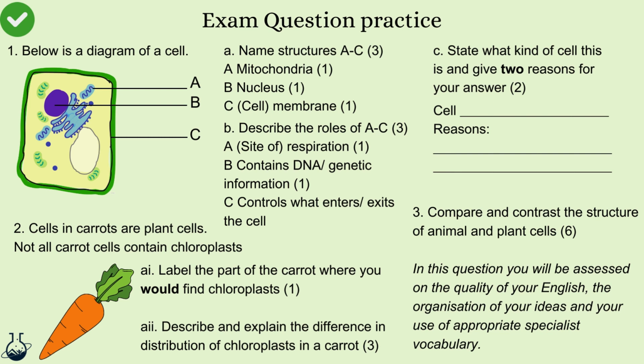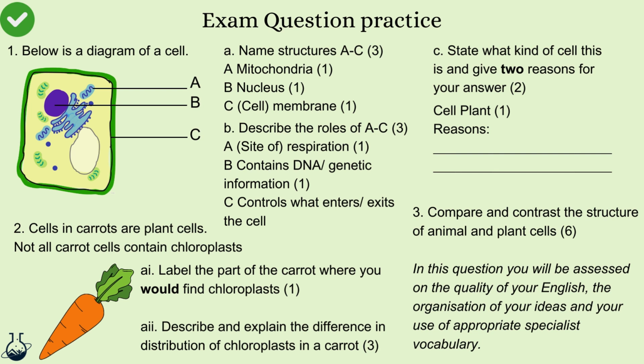And the final part of question 1 is part C, to state what kind of cell this is and to give 2 reasons for your answer. 3 points need to be correct for 2 marks. So 1 mark comes from stating which cell it is, which is a plant cell.